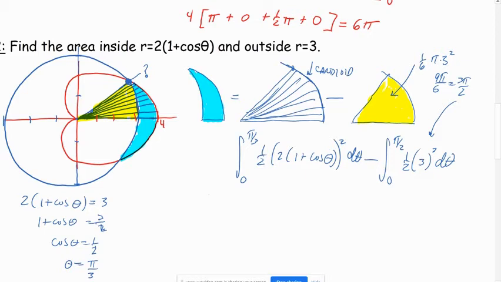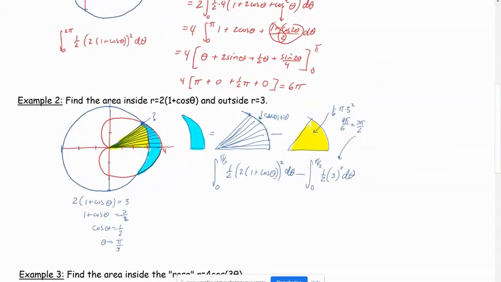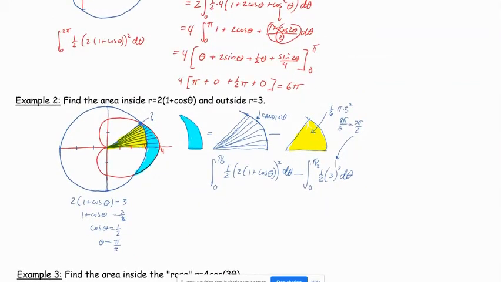So the first one looks very much like the integral that we had in the previous problem, except the endpoints are different. And so when we square the 2, that becomes 4. Half of 4 is 2. So we're going to have 2 times the integral of 1 plus 2 cosine theta plus cosine squared theta d theta.